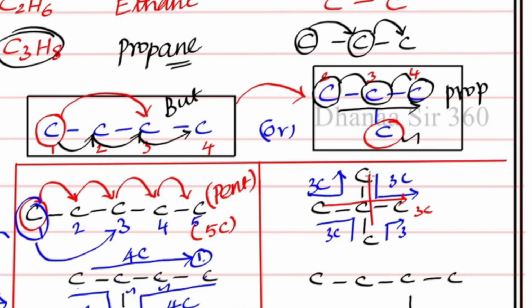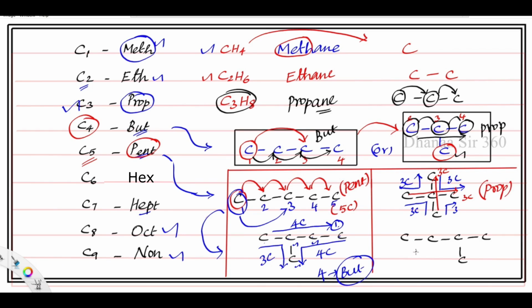If I take vertical linear type, I also have a maximum of 3 carbons. So we have prop as the root word for this compound. And the final one is identical with the compound to its left, so this also has the root word but. This is the way to identify the root word of organic compounds.